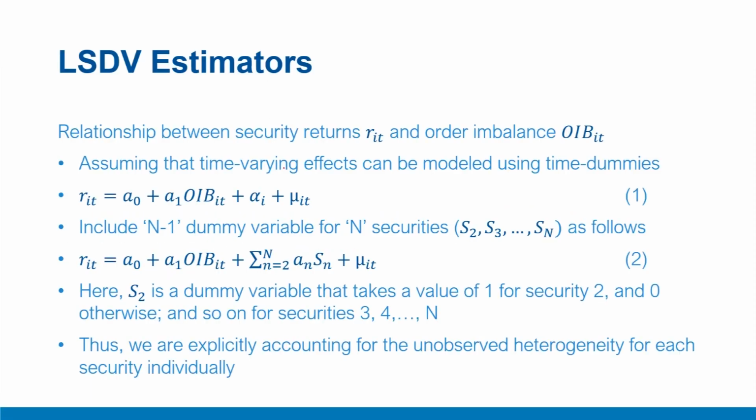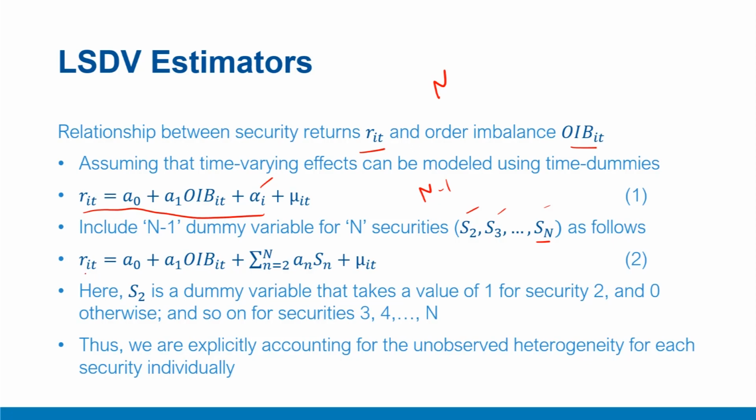estimation. Recall our earlier example of return being regressed on order imbalance with a formal model like this, where alpha is the unobserved heterogeneity which we did not account for specifically in the model. Now, as per the dummy approach, let's say there are n securities, S1, S2, S3 and up till Sn. So we can use n minus 1 dummy variables like S2, S3 and so on up till Sn.